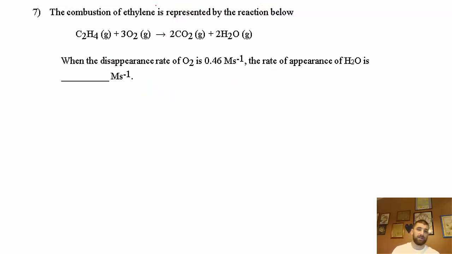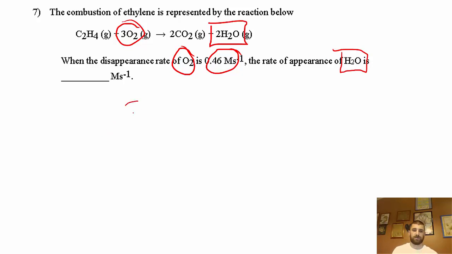Combustion of ethylene is represented by the reaction below. When the disappearance rate of O2 is 0.46 molar per second, the rate of appearance of H2O is blank. All right, so I'm going to have to take a look at the coefficients. So it's a 3 to 2 ratio between O2 and H2O. And this 0.46 is of O2, so I've got to put it on the O2 side.